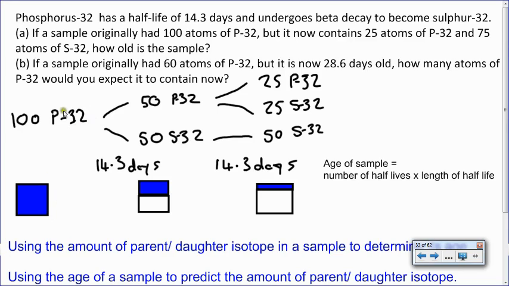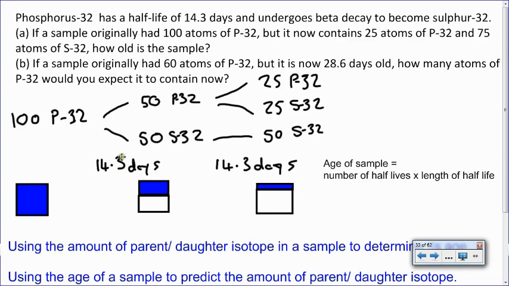So what we're trying to show is that phosphorus 32, the 100 atoms of it, has decayed, so half is still P32, but the other half has decayed into the daughter isotope, that's sulfur 32. So here I'm trying to show that this half of the original parent isotope is left, and the other half has decayed into a new daughter isotope.